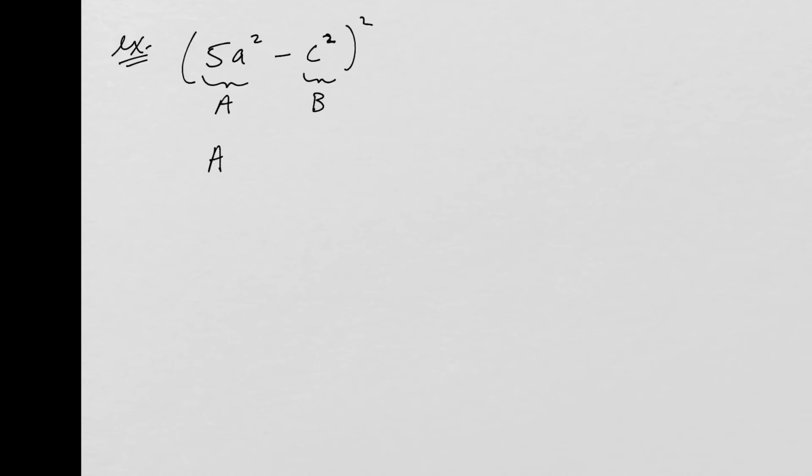Let's do another one. So let's say I have (5a squared minus c squared) squared. So again, if I wanted to use that formula, think of this as capital A, and then my c squared is like my capital B. So I know that my answer has got to be A squared minus 2AB plus B squared.